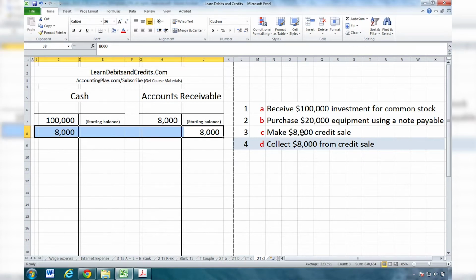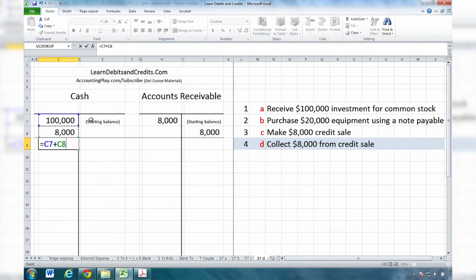And we can come up to our balances here. We have a 100,000 plus 8, total of 108,000. $8,000 that was tracking the amounts due minus this $8,000, just like so.